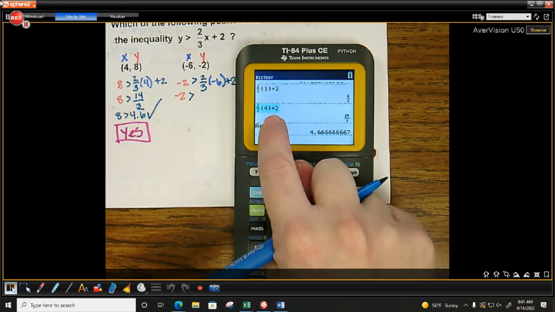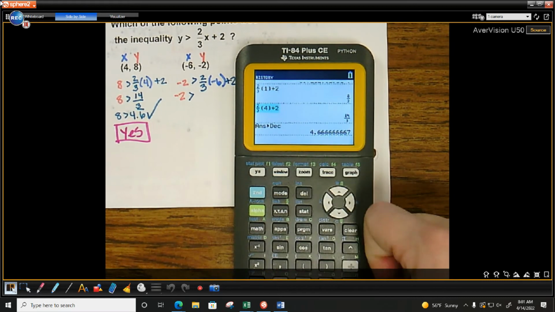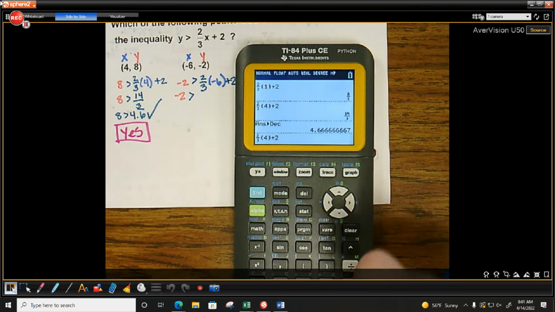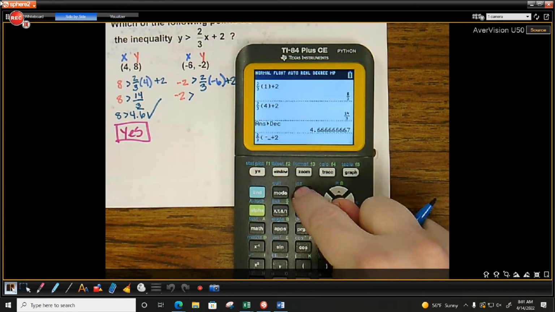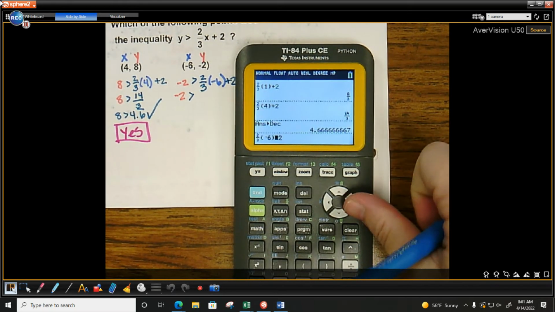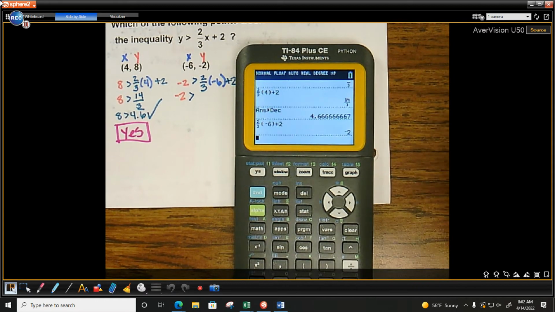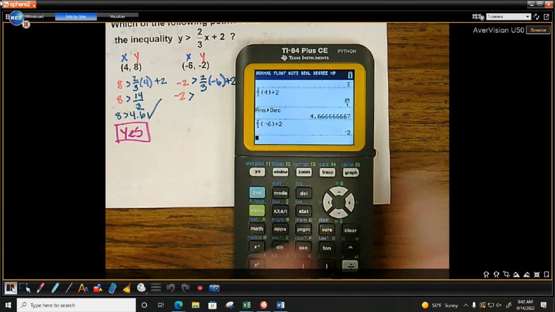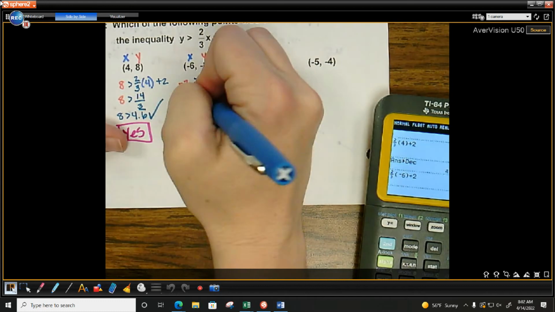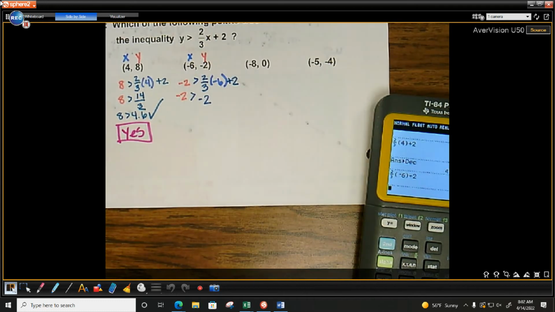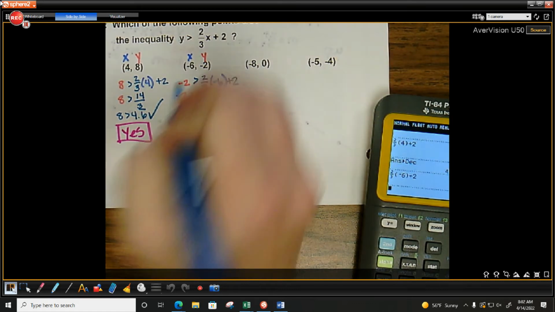And I'm just going to change this to a -6. And I get -2. This one's tricky. -2 is equal to -2. But is that what that inequality sign says? No, it says -2 is greater than -2. Is -2 greater than -2? No. So this one is no, not a solution.